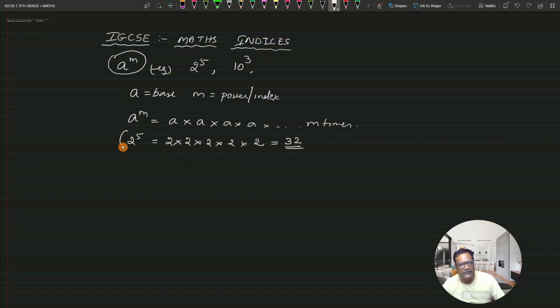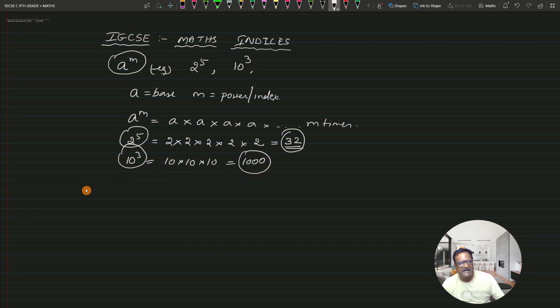So 2 raised to 5 is the same as 32, but it is written as 2 into 2 into 2, 5 times. So 10 raised to 3 can be written as 10 multiplied by 10 multiplied by 10. You have to multiply 10 three times. This works out to 1000. So 10 raised to 3 is nothing but 1000.